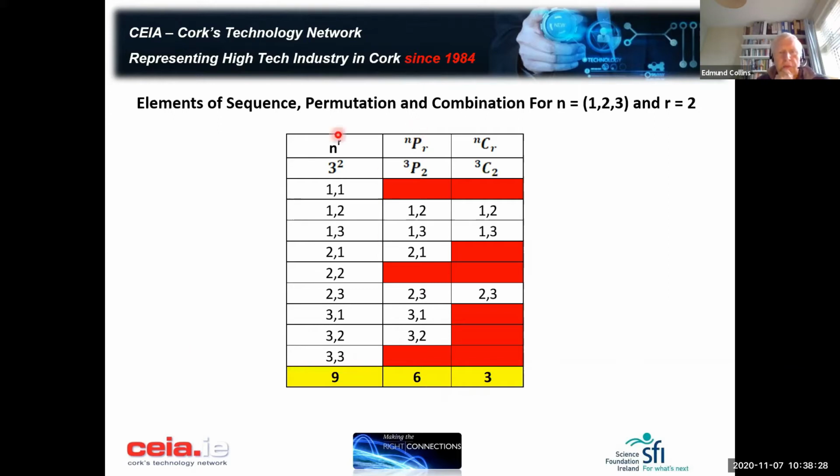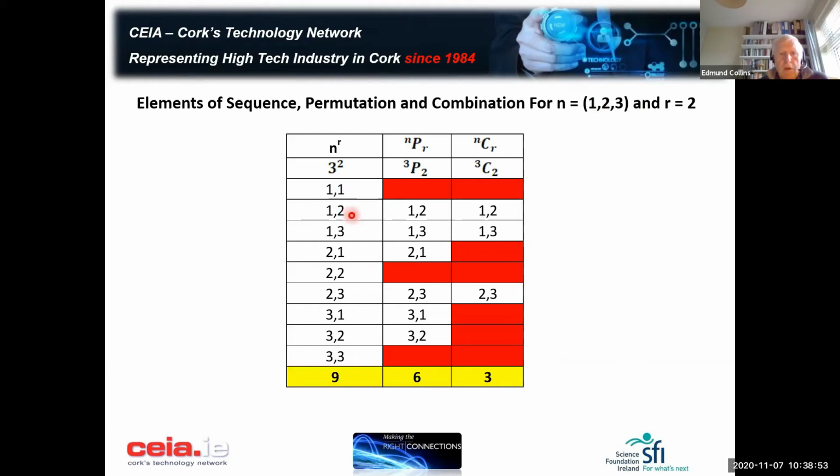So in the first case, if we take a sequence here, these are all the possible outcomes or options for a sequence for taking two of the digits out of 1, 2, and 3.